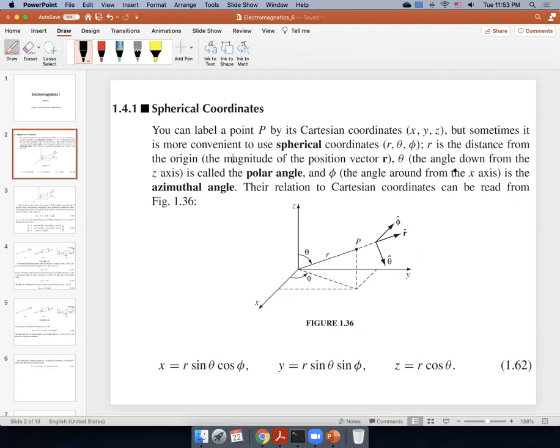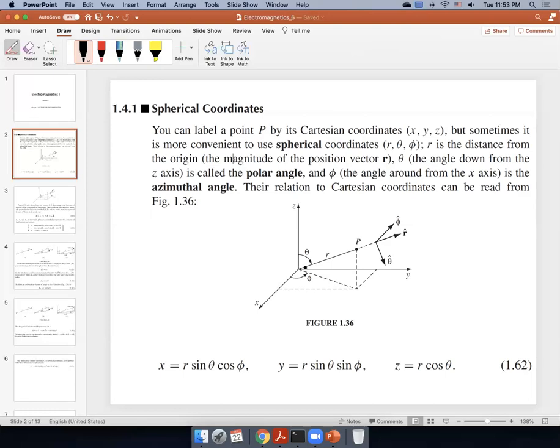First, for this position P, if we want to express x in r theta phi, or spherical coordinates, how do we translate it? First we have this r, which is the distance from the origin to the position, or the magnitude of this vector r.